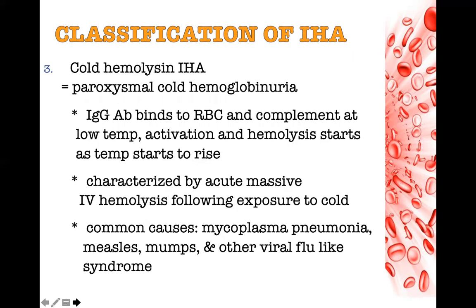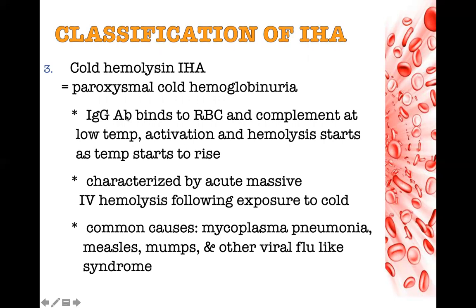Okay, now we have your cold hemolysin immune hemolytic anemia. This is your paroxysmal cold hemoglobinuria. The IgG antibody binds to the red cells and complement usually at low temperature, and activation and hemolysis would start as the temperature increases. This is characterized by massive intravascular hemolysis following exposure to cold.